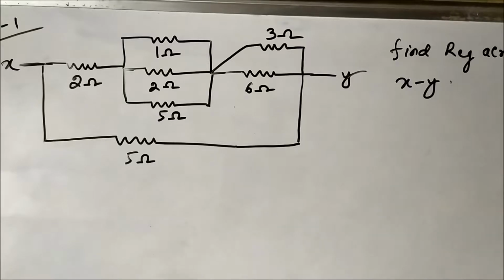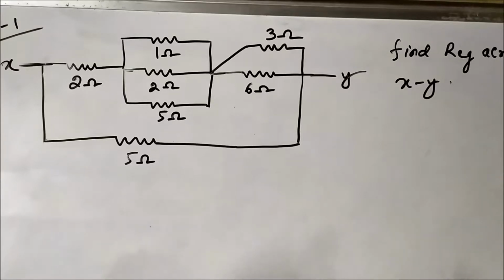These kind of circuits can be a little bit confusing if you are a beginner to network theory or basic electrical engineering. Yes, you have solved these circuits in class 10th and also in 11th and 12th level, but still for a beginner these circuits can be a little bit tricky.